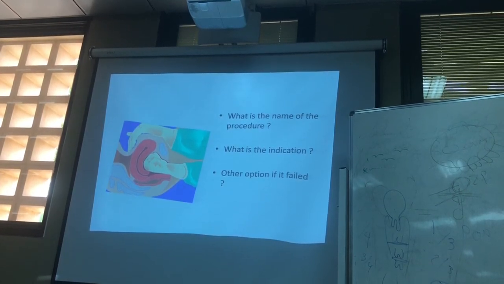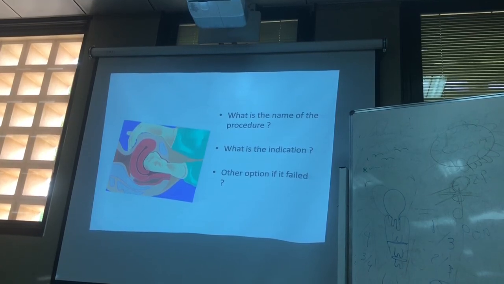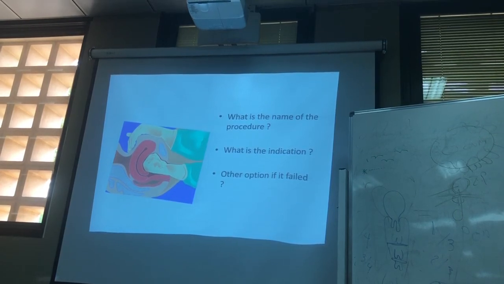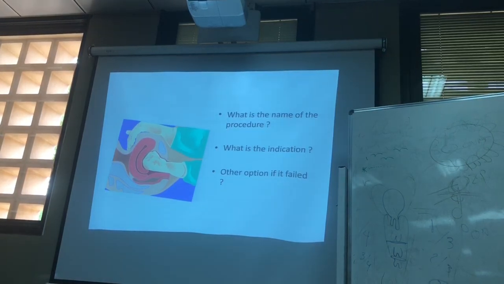If she has a tear on the cervix or in the vagina, you are not supposed to do that. Usually if you find the uterus not contracting, then you do bimanual compression. So postpartum hemorrhage from uterine atony: we do bimanual compression.